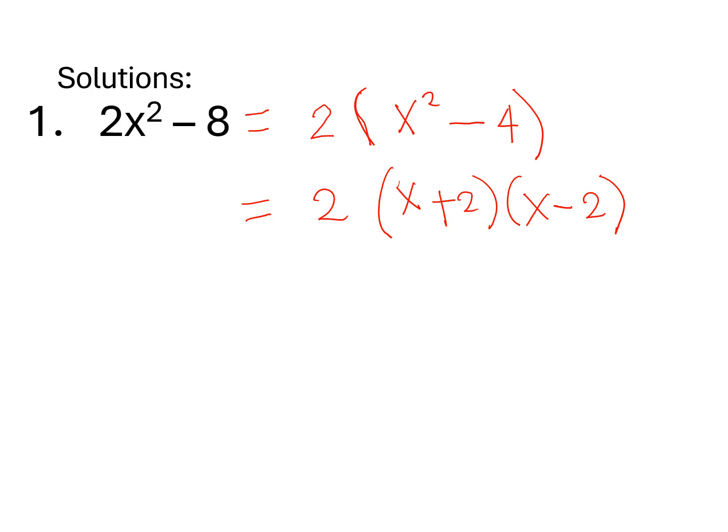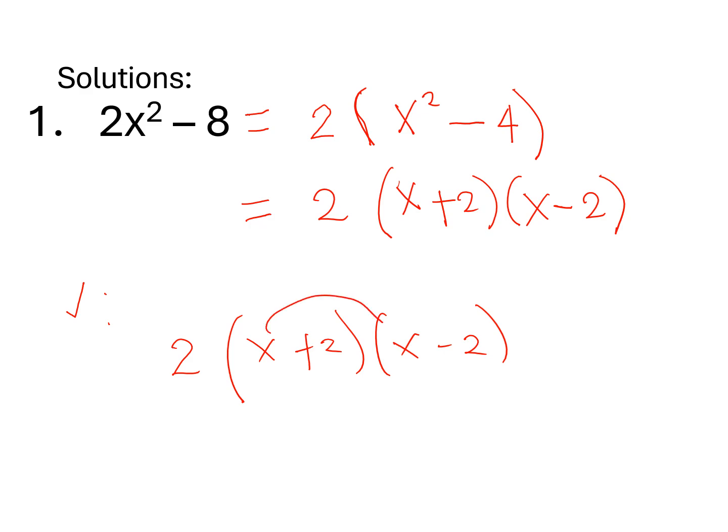Okay, let's have this example. Let's use the FOIL method. We will check 2 times the quantity x plus 2 times the quantity x minus 2. So we will multiply this, copy first.